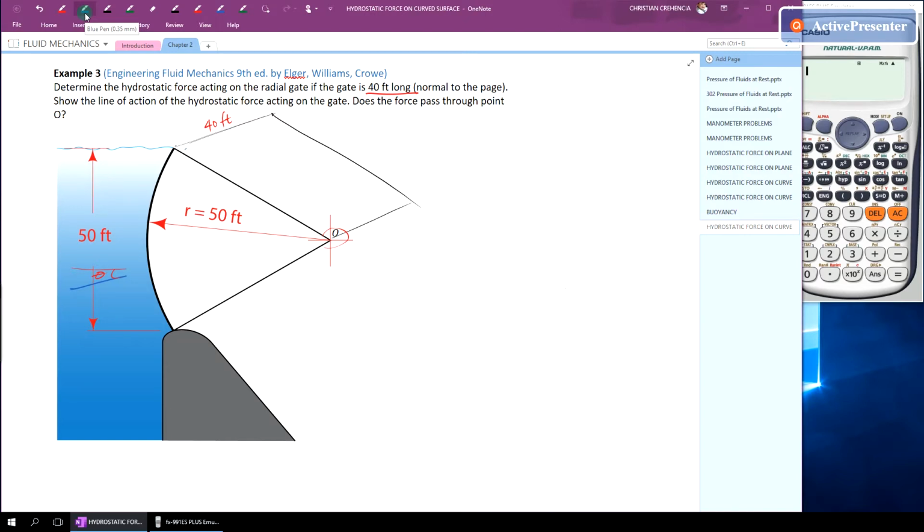Okay. For the horizontal component, we just determine the hydrostatic force acting on the vertical projection nung gate. So, when we say vertical projection, ito. So, let's say somewhere here. So, yan yung vertical projection nung gate.